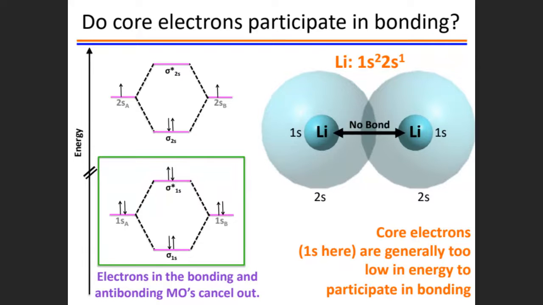Here, core electrons are generally too low in energy. We know that high energy is not favorable, we need the minimum energy, but having extremely low energy is also not favorable for participating in bonding. So please remember that this slide is very much exam material.